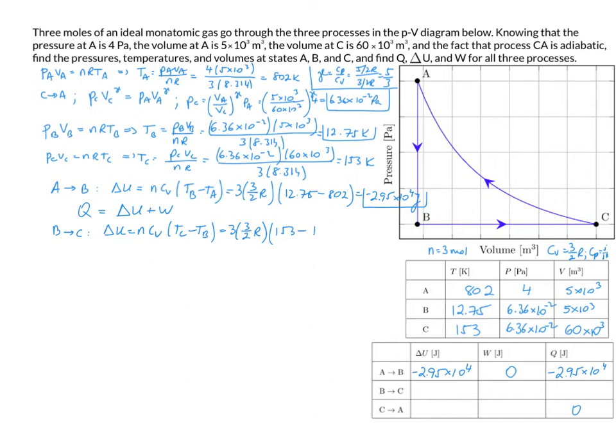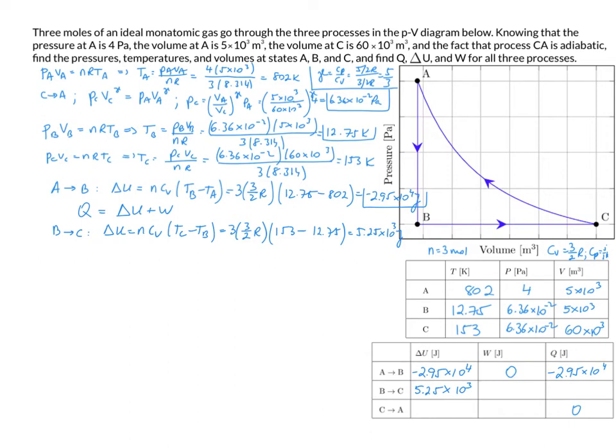Tb is 12.75 Kelvin. So when I plug in these numbers, I end up with 5.25 times 10 to the third joules. So I put that in my table, 5.25 times 10 to the third.